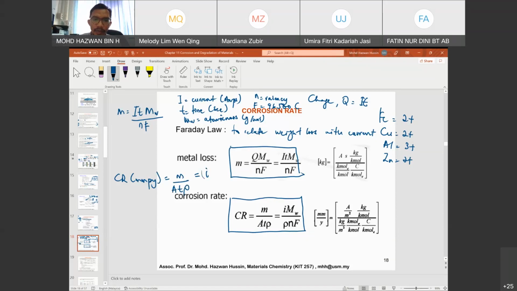If you remember back in electrical properties, small i is equal to current density. So what does current density mean? Current density is current over area, current in amperes over area in square centimeters.